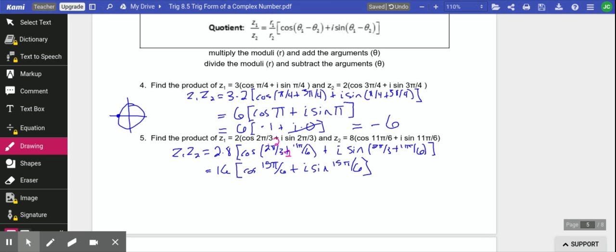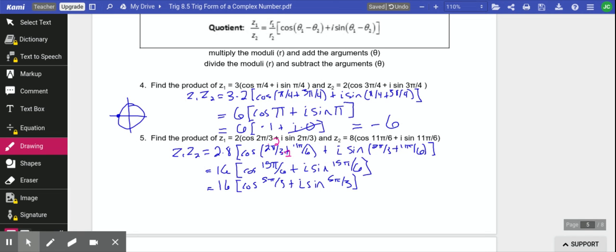Oh, that's reducible. You can reduce that. Let's do that. So 16, let's see, that gives us 5 pi over 3. Okay, if we were asked to leave your answer in trig form, you would stop there, but I think on the homework they want you to go a little bit further.